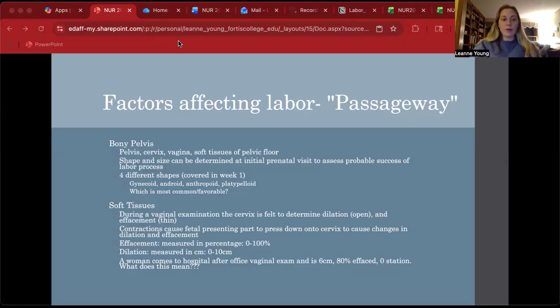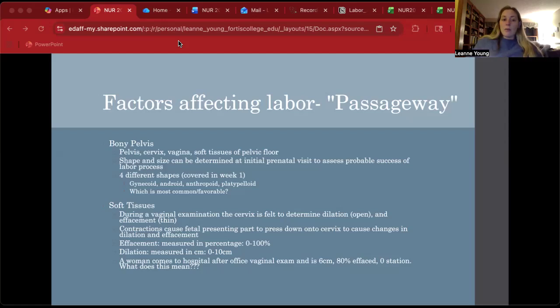is progressing. So our contractions will cause the fetal presenting part to press down onto the cervix to cause changes in dilation and effacement. So with the contractions, that squeeze of the uterus, baby's head, if it's well engaged, is going to push down on the cervix and you're going to have it slowly start to thin and then it's going to start to open and dilate.